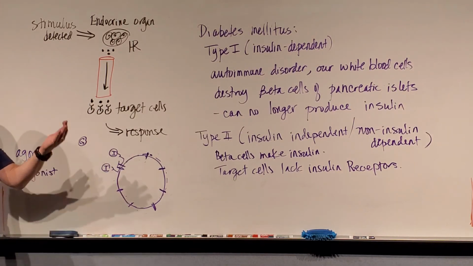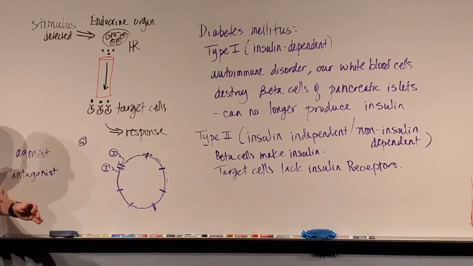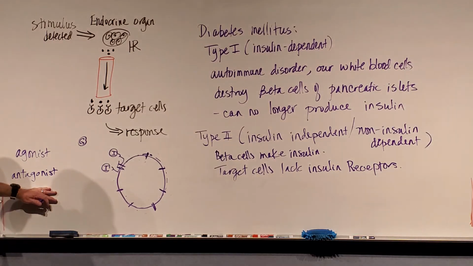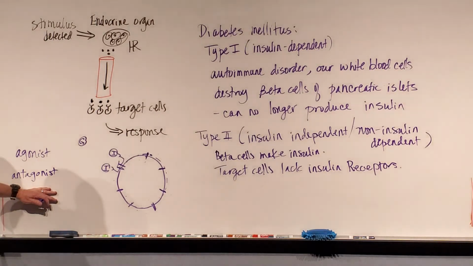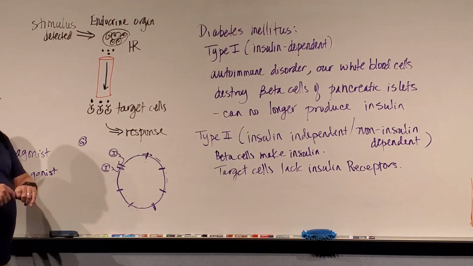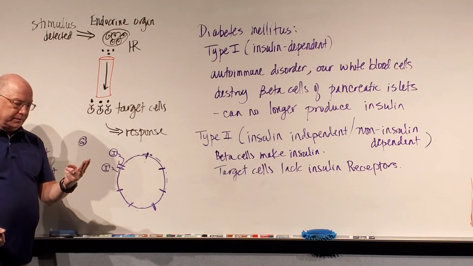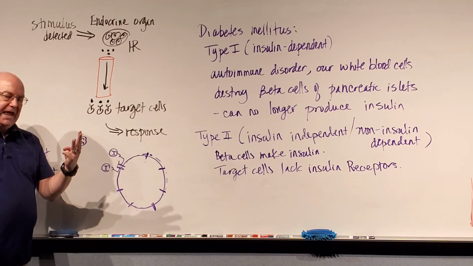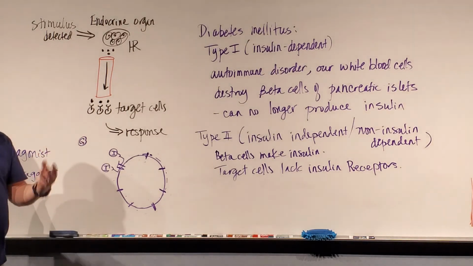Since cortisol raises blood sugar levels and insulin lowers them, cortisol and insulin are considered antagonists. So cortisol and glucagon are agonists. Insulin is an antagonist to both of those, or all three of those.